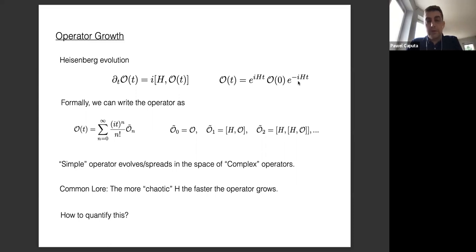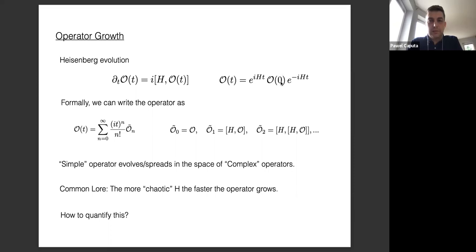And formally, we can write this time-dependent operator as a power series in t, where t will be real Lorentzian time, with operators given by nested commutators, where the first one will be just the standard operator O, my operator curly O at 0.